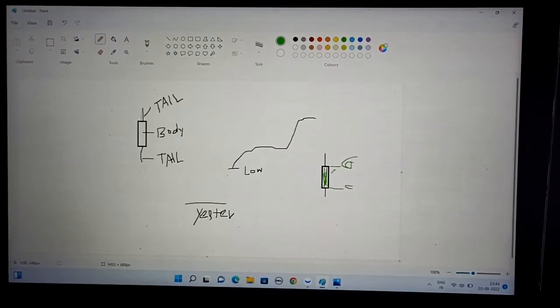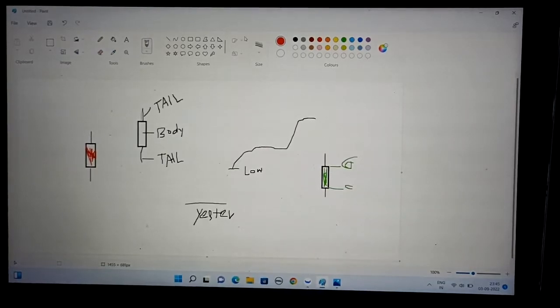If it is a red candle, suppose this is a red candle, then what is the opening?